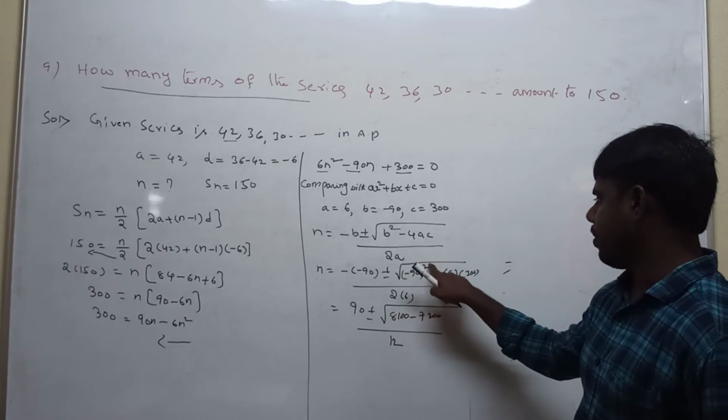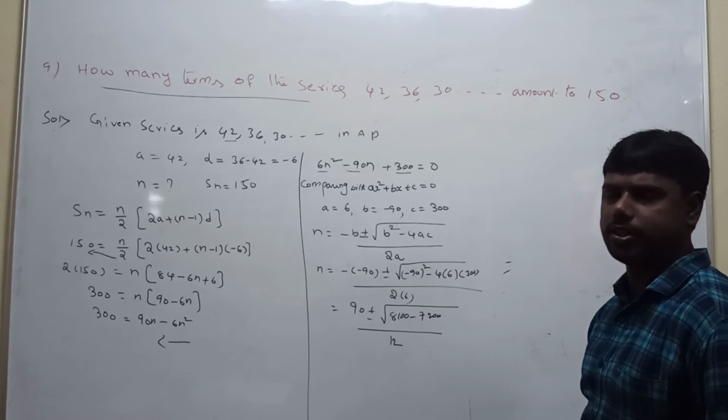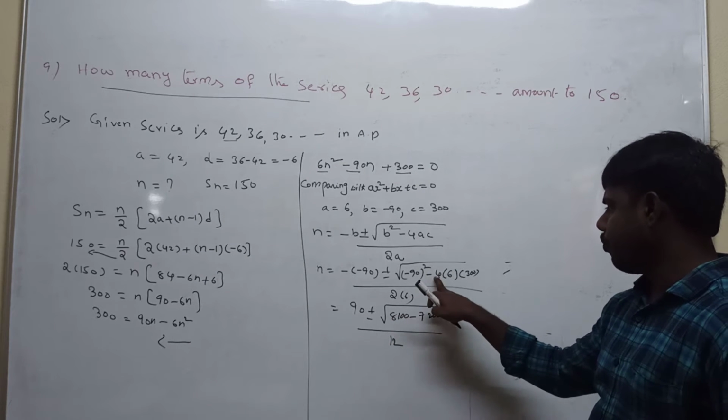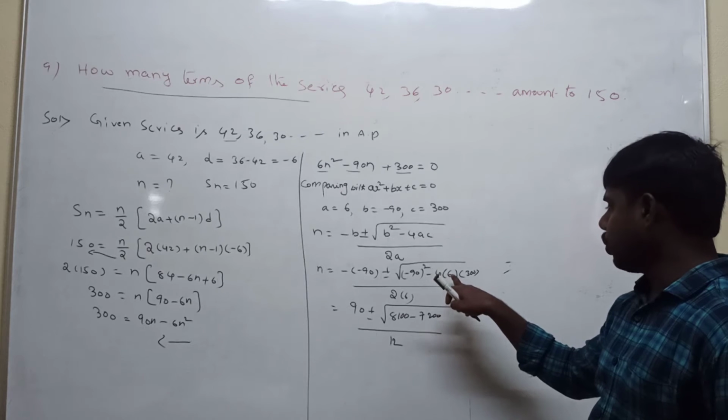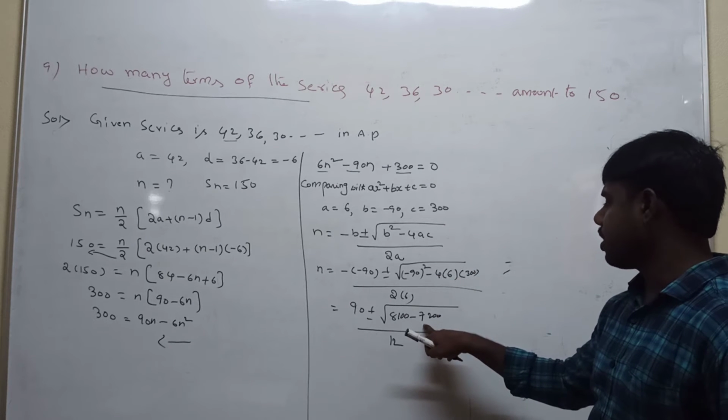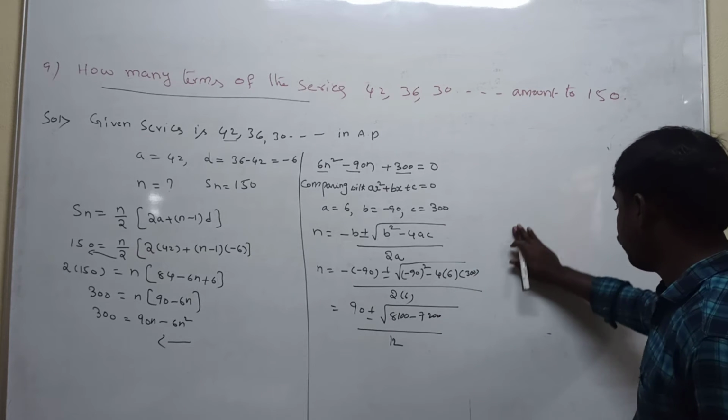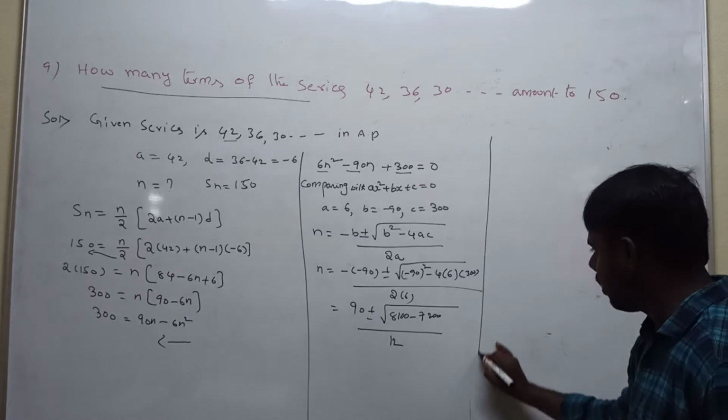Minus 90 square means minus 90 into minus 90, which is 8100. 4 sixes are 24 into 300 is 7200. Now calculate the n value.